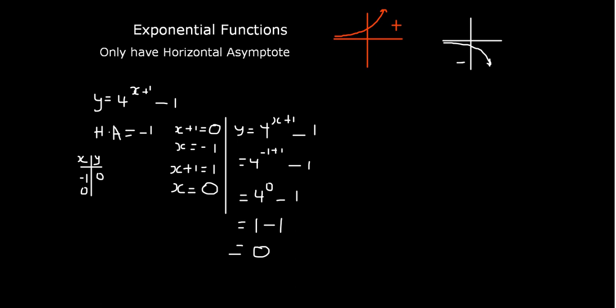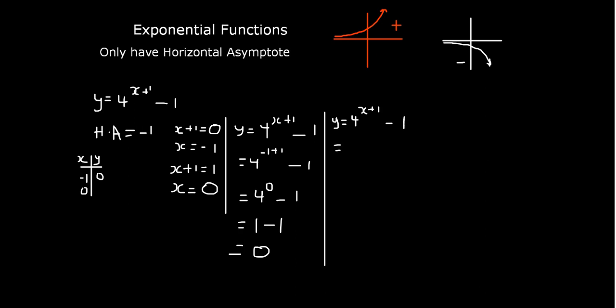Then we substitute 0 again from the original equation. Then we have again y equals 4 to the power of x plus 1, minus 1.